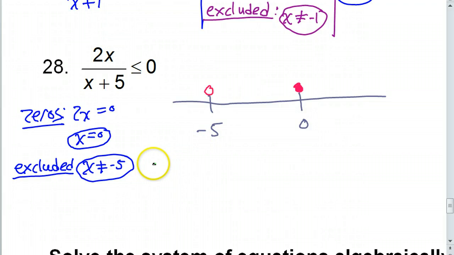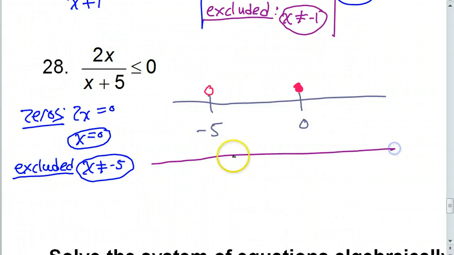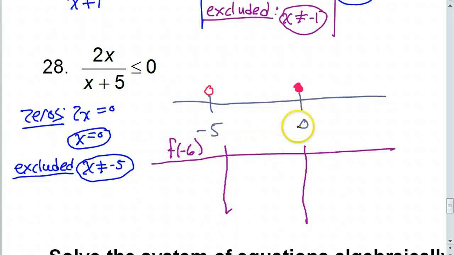All right, so I'm going to do some test values, one for each zone. To the left of -5, I will try, how about -6? In between, I'll just do, let's say, -1. And in this zone over here, I'll just go ahead and do +1.